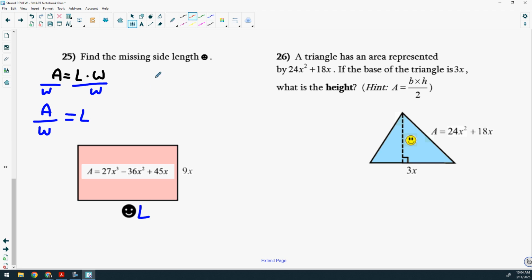So I'm going to set this up by saying 27x cubed minus 36x squared plus 45x. And now I'm going to divide the entire thing by 9x.